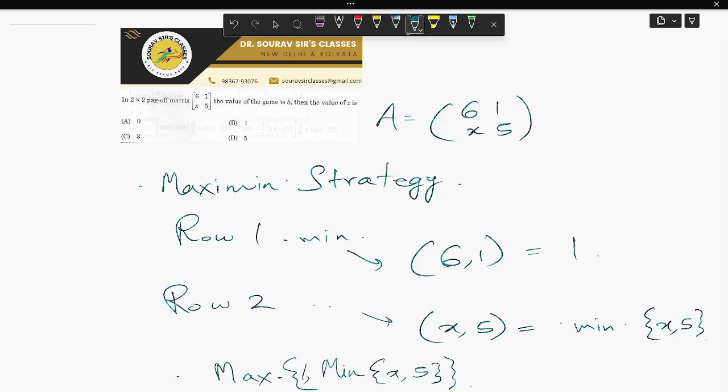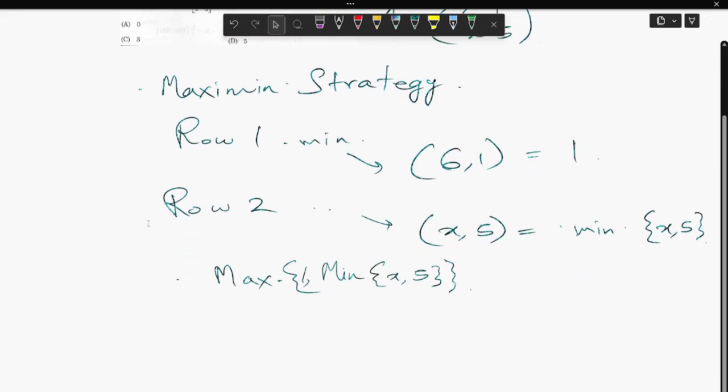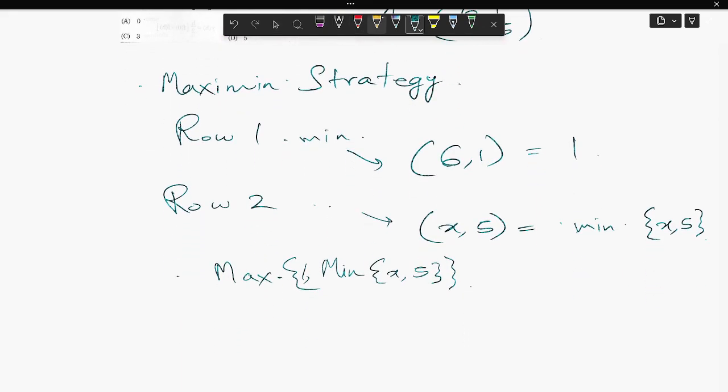So now the minimax strategy, the column player's worst case minimization. Let me write it first with another color.